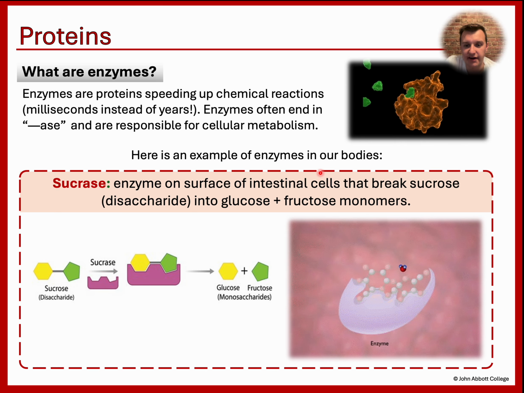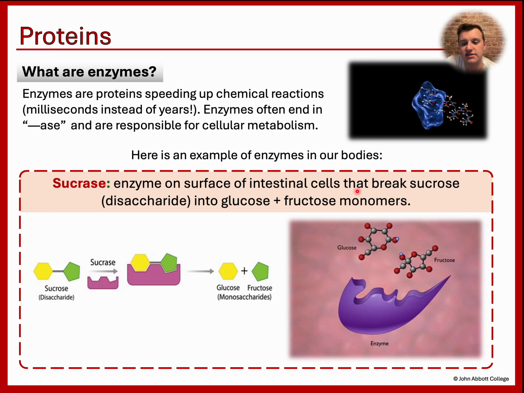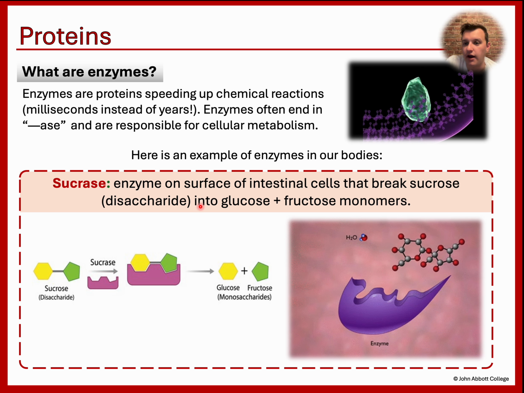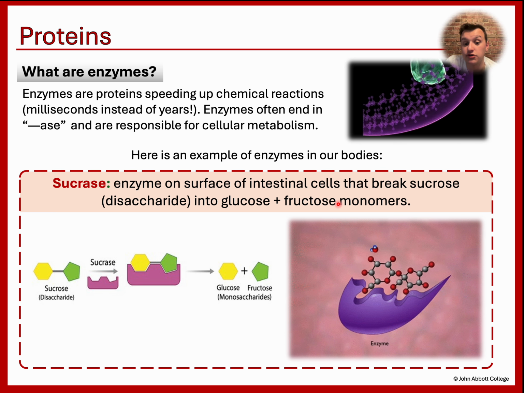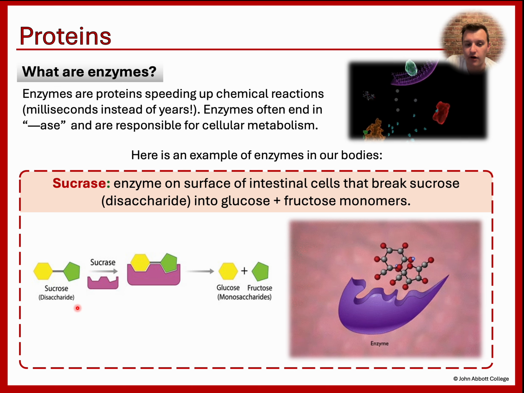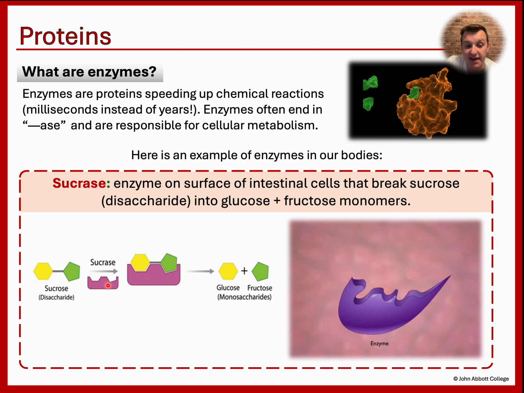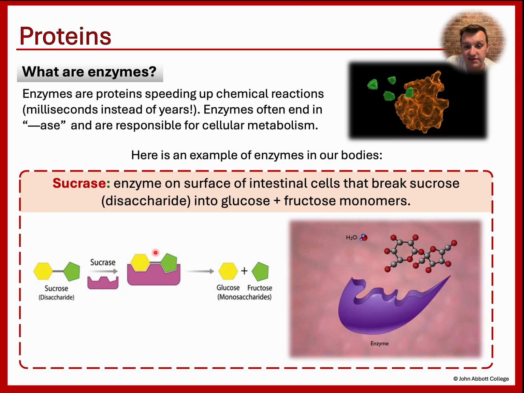Here's an example of an enzyme, okay? So enzymes on the surface of our intestinal cell, they break down sucrose, which is a disaccharide, into glucose and fructose monomers. So here's sucrose. This is a disaccharide, and sucrose will bind onto sucrase, and it'll form this little complex.